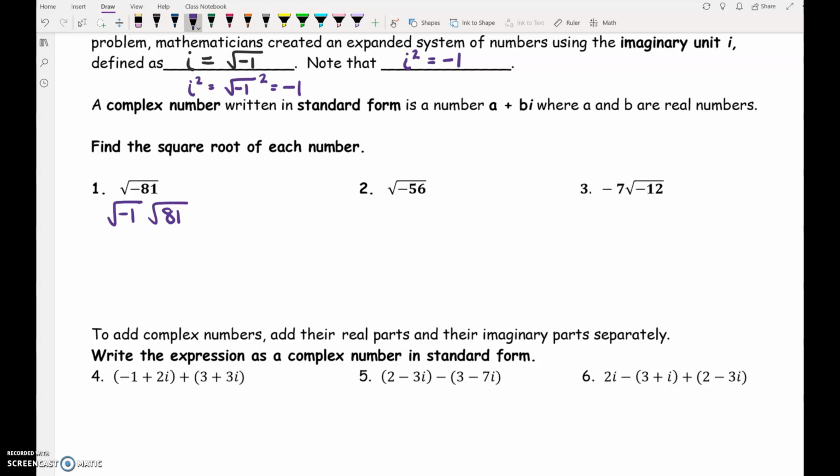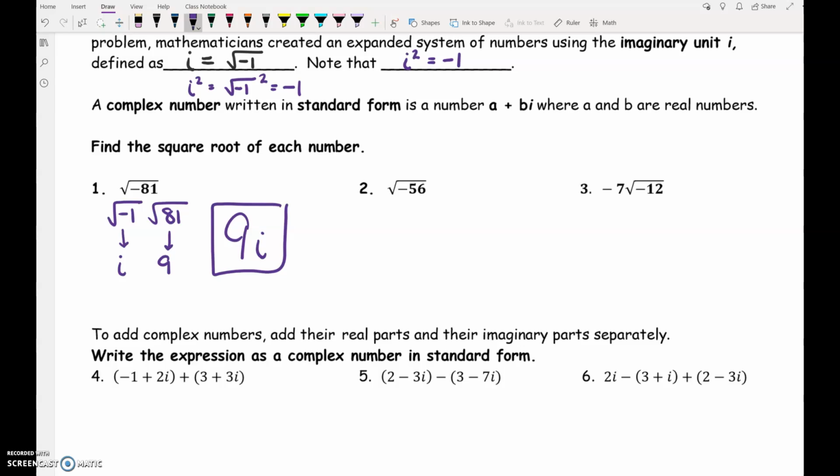We just pulled the negative out. The square root of -1 is the imaginary number i. What's the square root of 81? 9. So our simplified radical is 9i. You always write the real number portion first and the imaginary portion last.